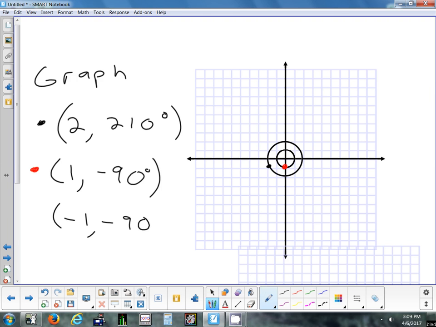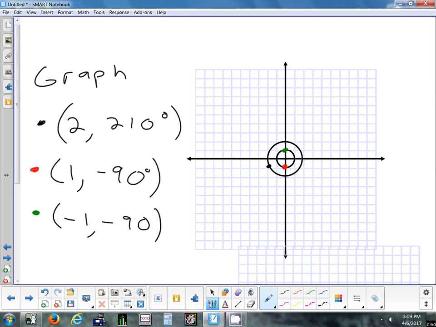So what would happen here? You look at -1, so you go left 1, and then 90 degrees clockwise, since it's negative. So you'd be right there.